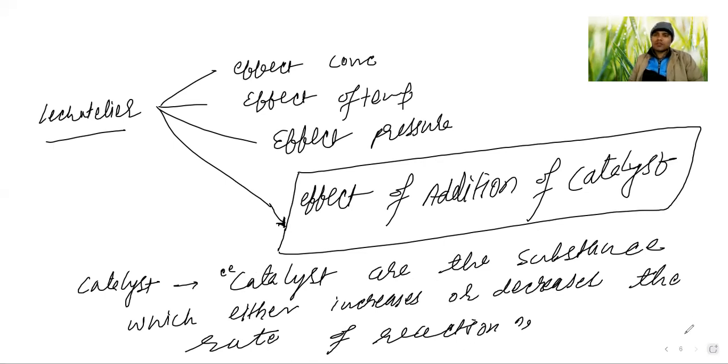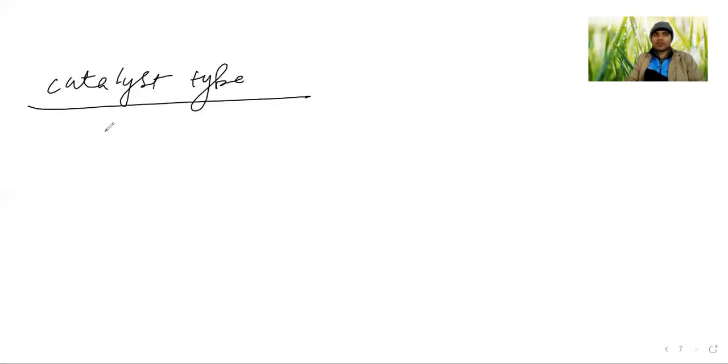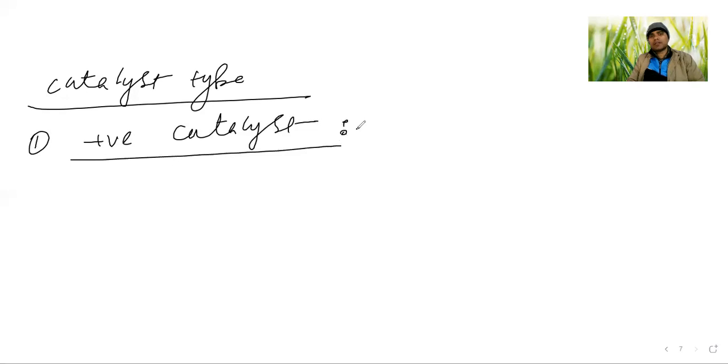Now, catalyst, two types are there. Catalyst type. If you are going down, that is two types. First one is positive catalyst. When you are talking about positive catalyst, what do you mean by positive catalyst?